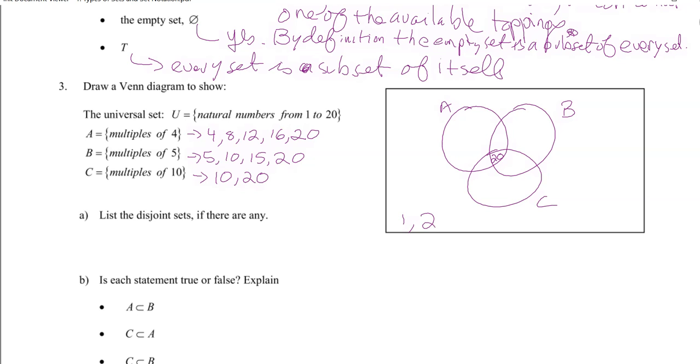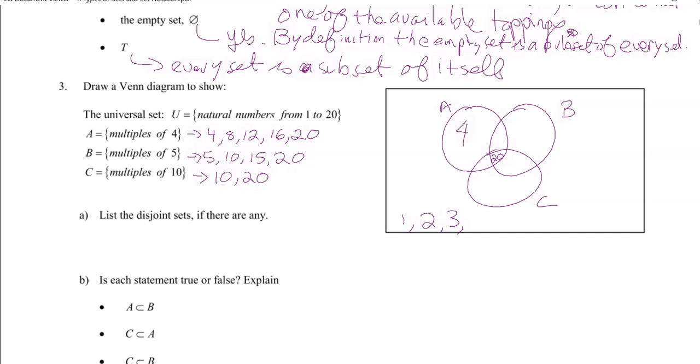Well, 2, 3, those are easy. Where does 4 go? Here A, here A, here A. So where the 4 is, we're going to call that only A, right?